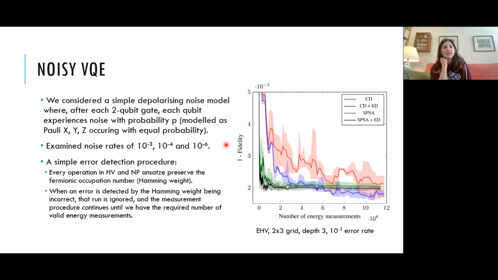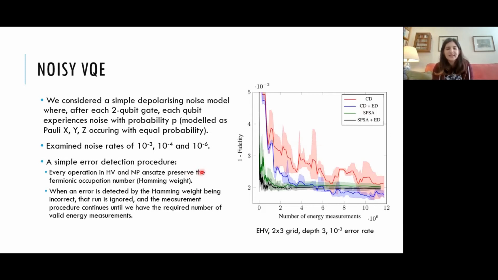We examined a couple of different noise rates, 10 to the minus 3, 10 to the minus 4, 10 to the minus 6. This graph here is for the 10 to the minus 3 error rate, and we did a 2x3 grid. And again, we did SPSA and coordinate descent. I'll just quickly talk about the error detection procedure, then come back to this graph.